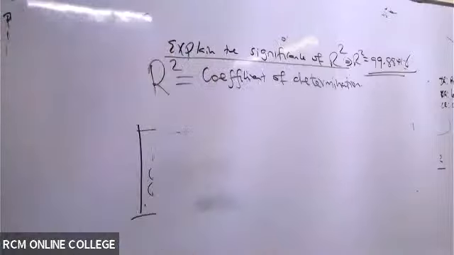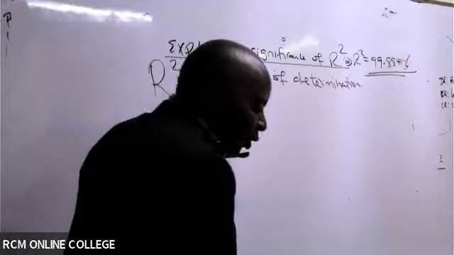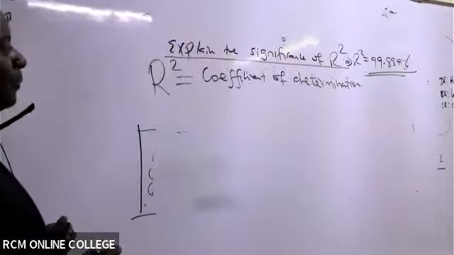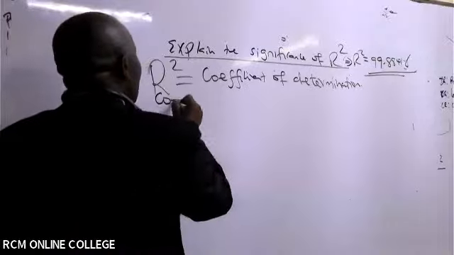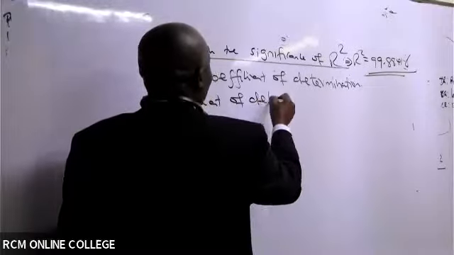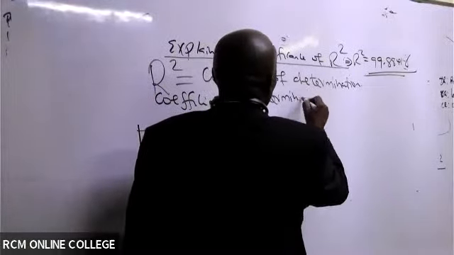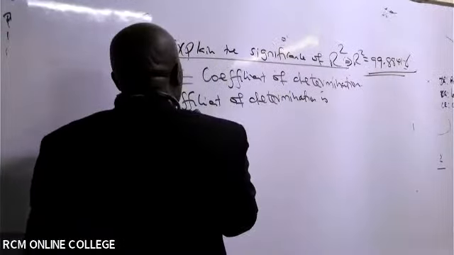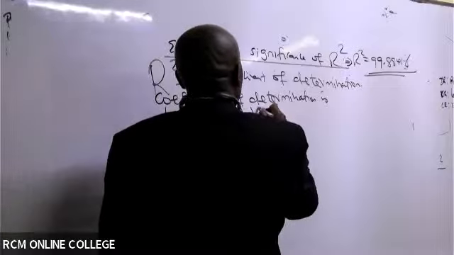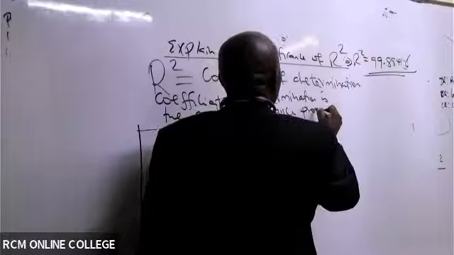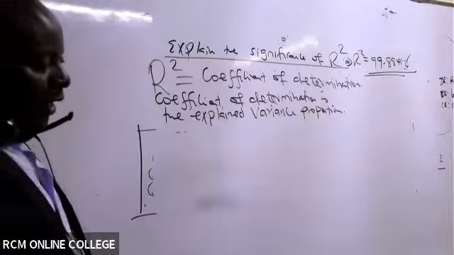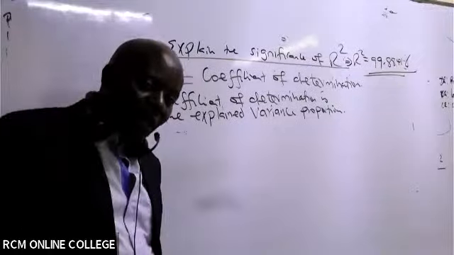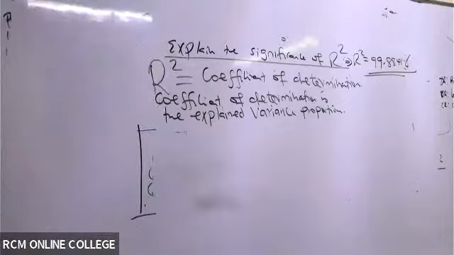The coefficient of determination is the explained variance proportion.